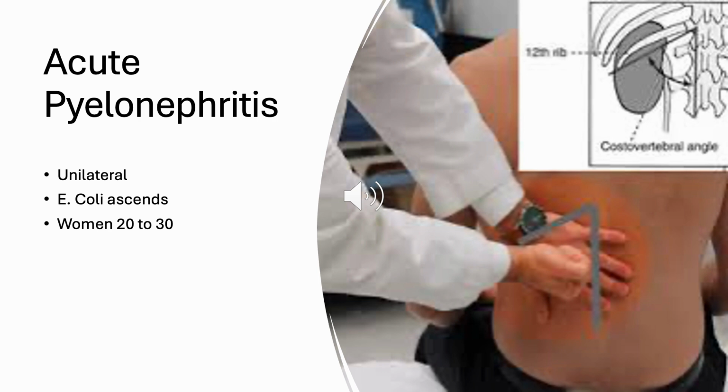So you don't need to memorize the signs and symptoms of chronic, because it's going to be the same as AKI in the oliguric phase and chronic kidney disease. It's all those signs and symptoms I talked about in the A&P lecture for renal and urinary, and all the symptoms involved in a wet bed.